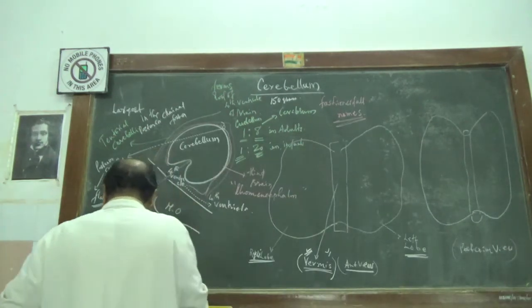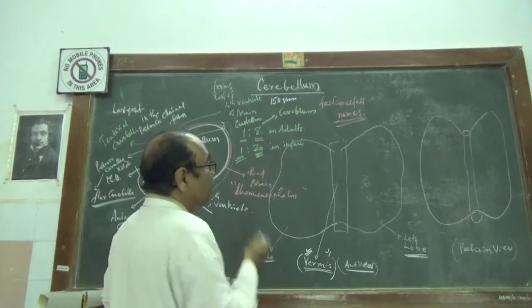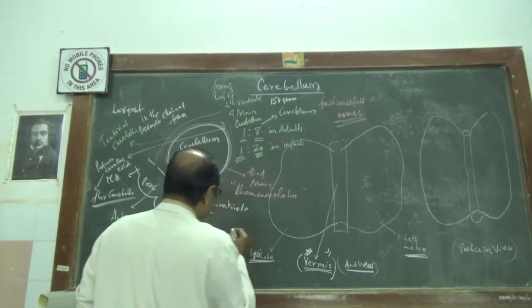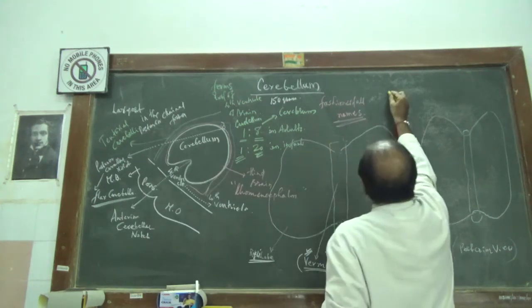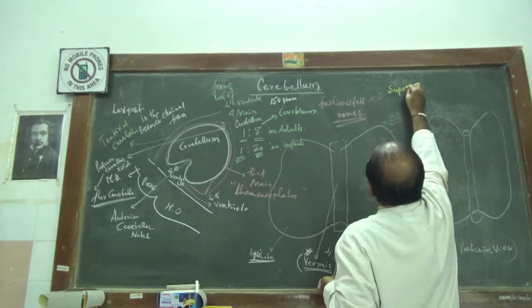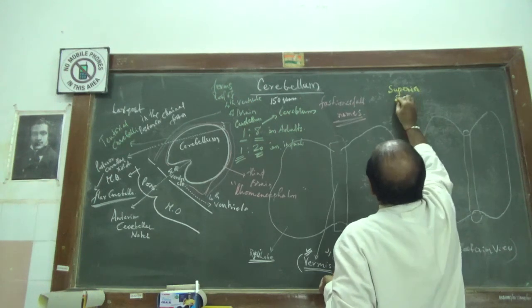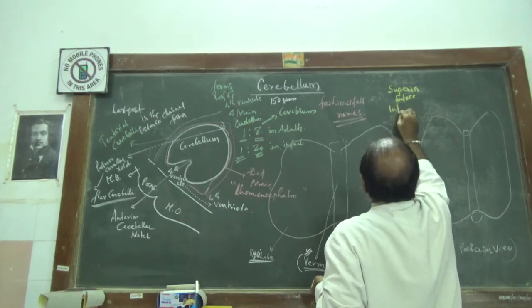In a broad sense, you can say the cerebellum has a superior surface and an inferior surface.